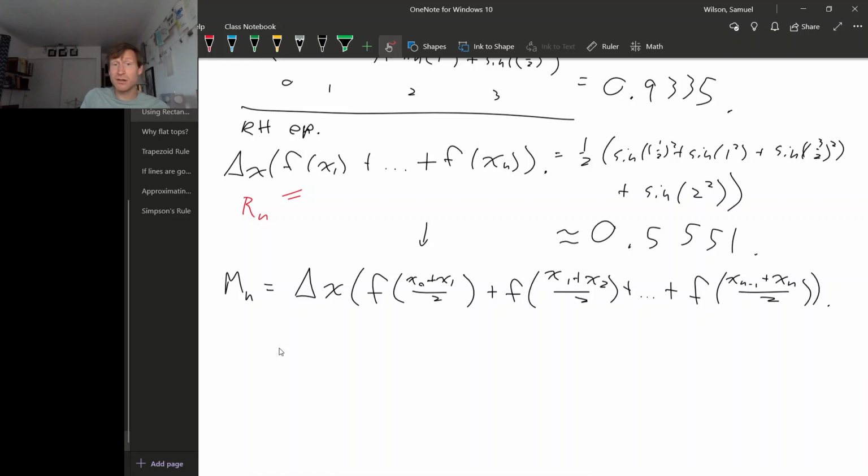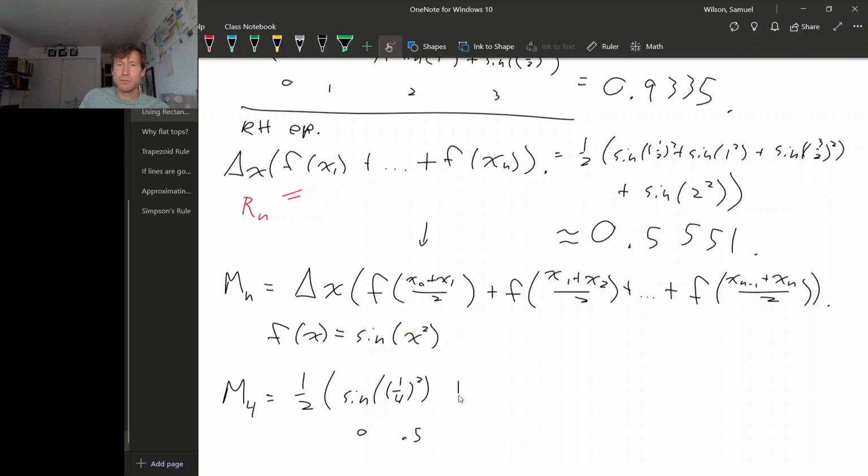So let's see, for our particular example where the function we're talking about is sine of x squared, let's go ahead and write down what this gives us. So this is midpoint with 4 rectangles. Delta x was a half. So sine of, the first interval is from 0 to 0.5, and so the midpoint is a quarter. So that's squared, plus sine of, the midpoint here is 3/4.